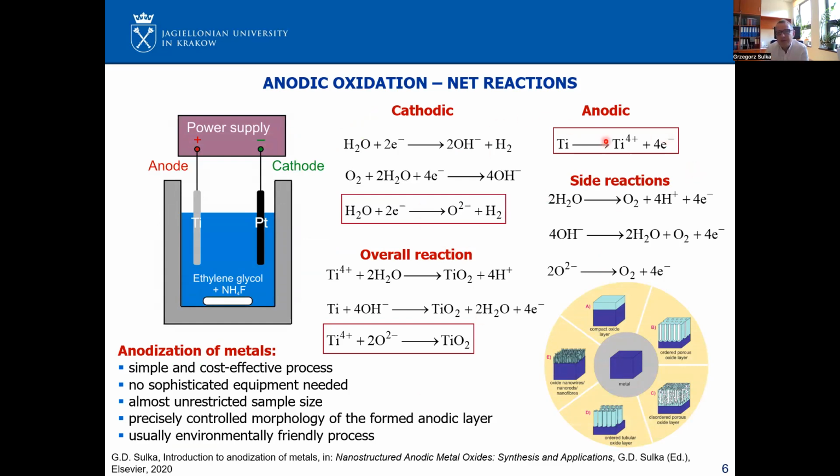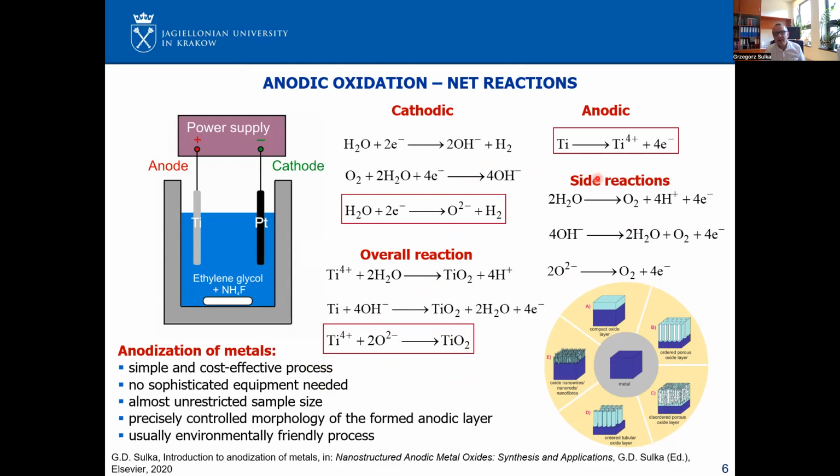During the process, the surface of the metal is oxidized and metal ions are released at the anode. At the cathode, generation of oxygen-bearing ions occurs, and the overall reaction is a reaction between both of the products and the formation of an oxide layer.